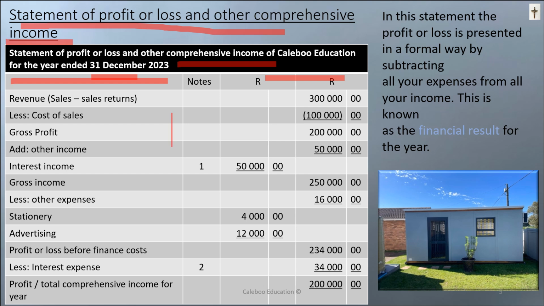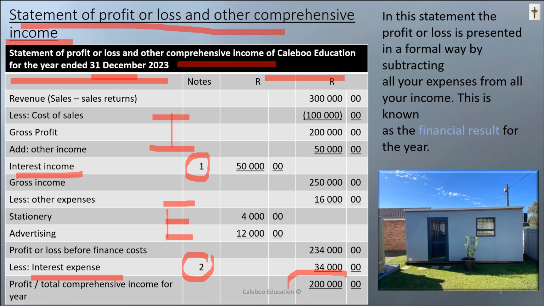2023. And what you're going to have in this statement are all your income and all your expenses. There will be notes to interest income and a note to interest expense, how those two interest amounts were calculated.